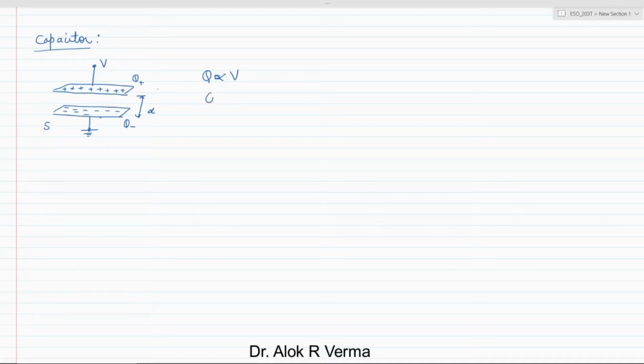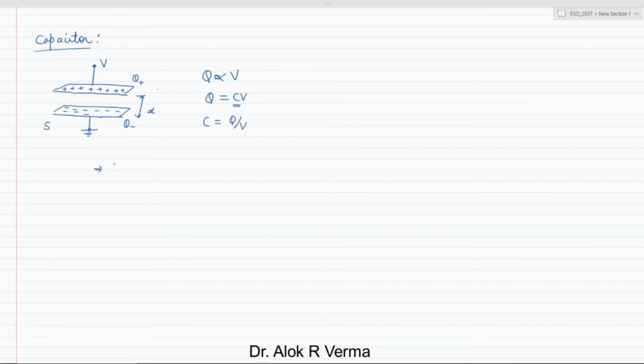So the charge Q is nothing but CV, where C is a proportionality constant, which is the capacitance. So we can write C as Q by V.